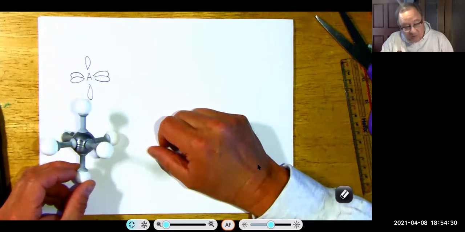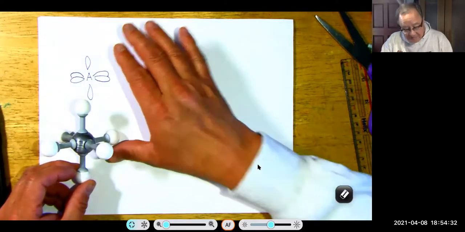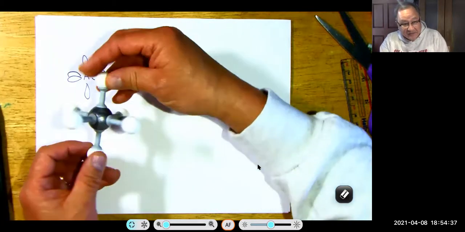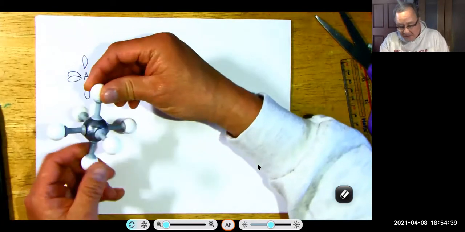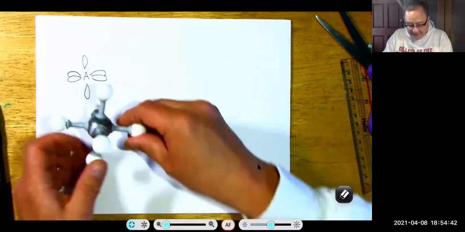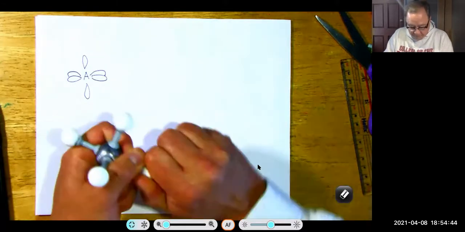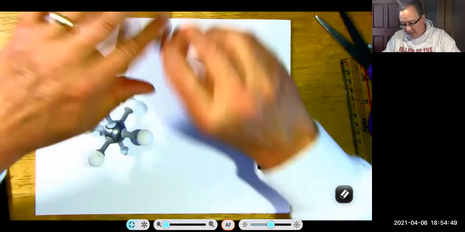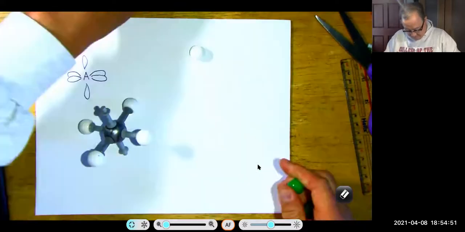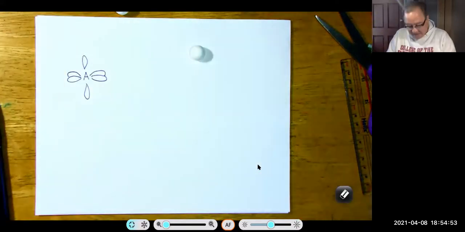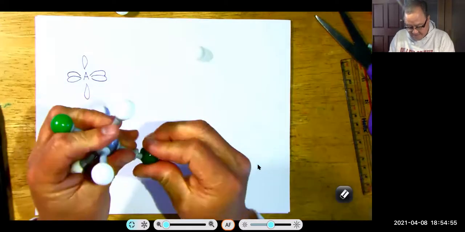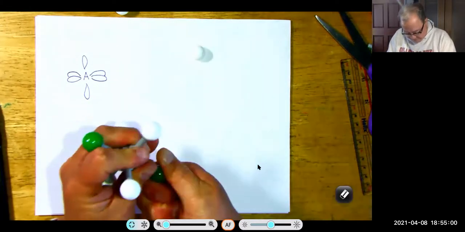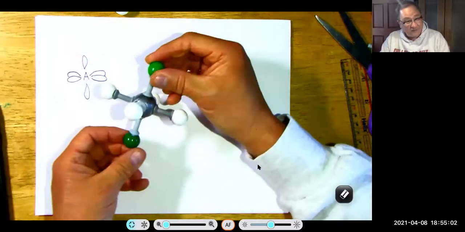This one, there's no equatorial and no axial. I mean, it looks like these 2 are axial because I can rotate this around the axis, right? Right. And what I'm going to do here is take this white sphere off and this white sphere off, and put 2 green spheres on it. And here you can see that quite obviously they're axial, right?